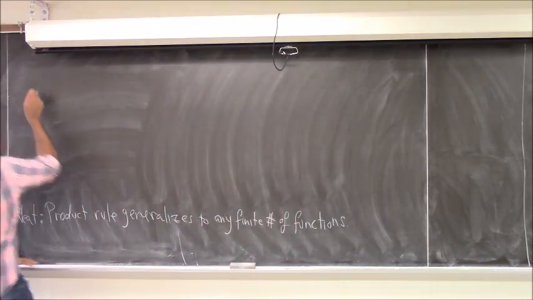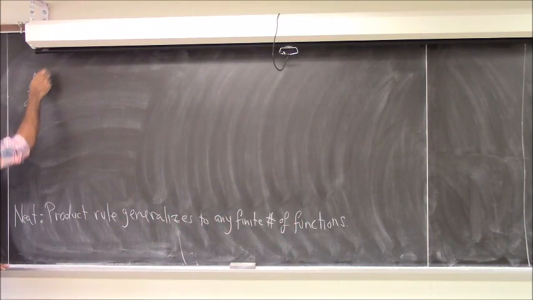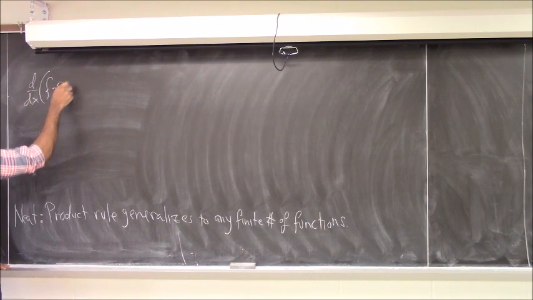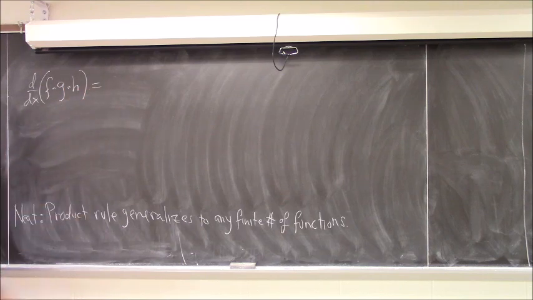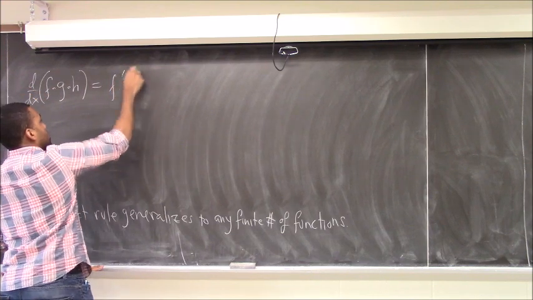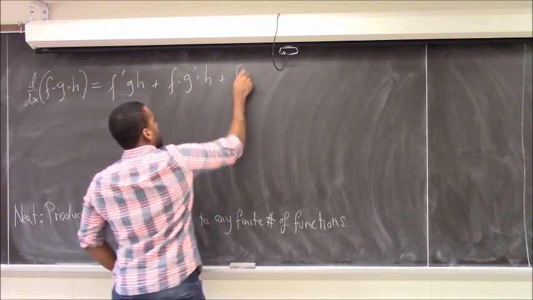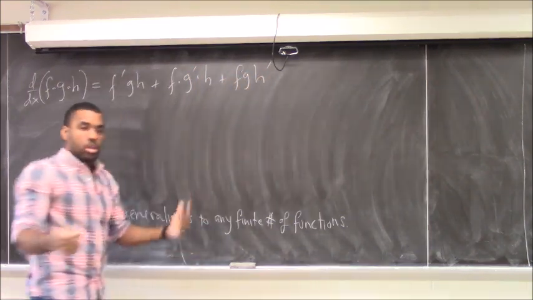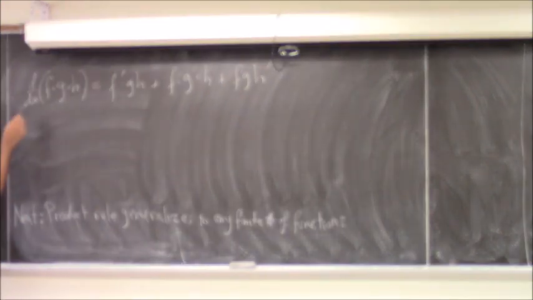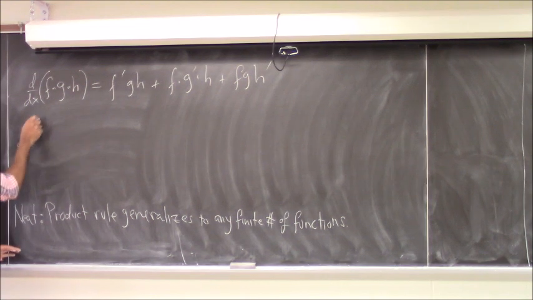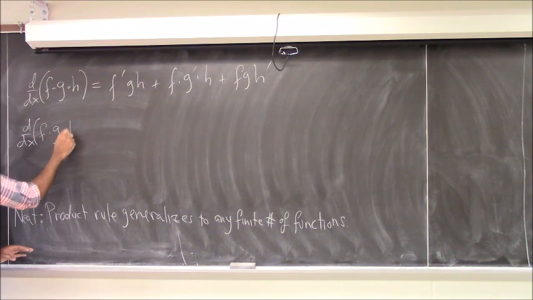So I can say, I want to differentiate the product of 3 functions. I keep adding this expression over and over, but I take the derivative of a different function each time. So this would be f prime times gh plus f times g prime times h plus f times gh prime. And I could do the product rule on 4 things if I want to: f, g, h, i.